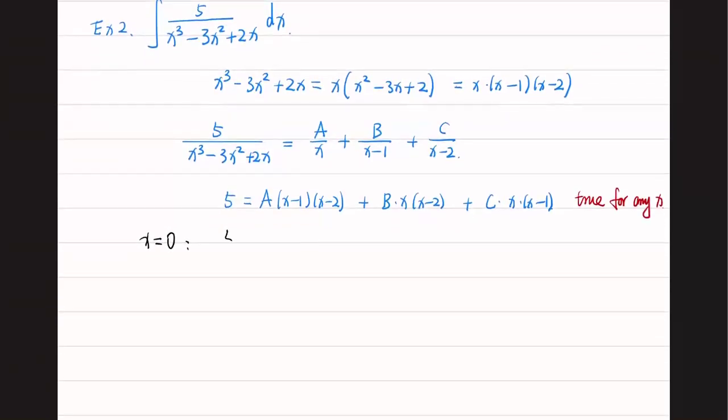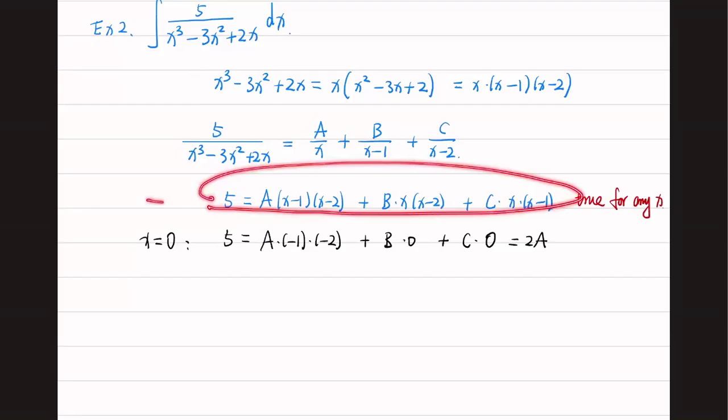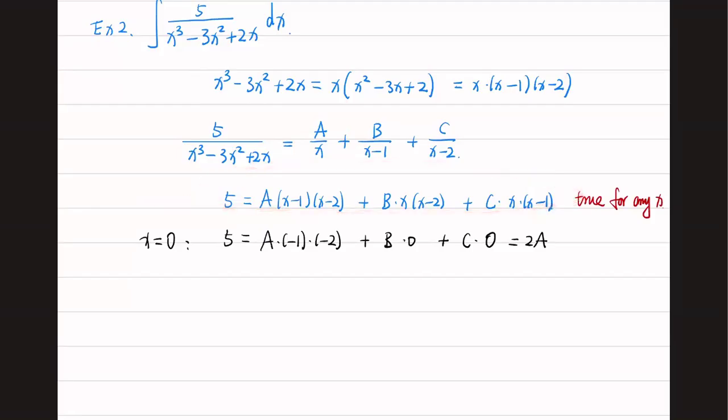Find A, B is 0, C is 0. Again, the logic behind this is we want this to be true for any x. Since it's true for any x, we pick a special one. X is 0, this term goes away, this goes to 2, so we can find A relatively easily.